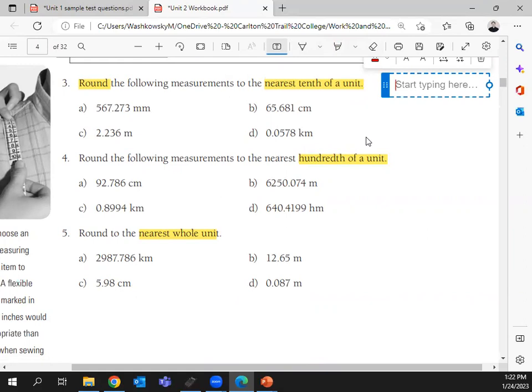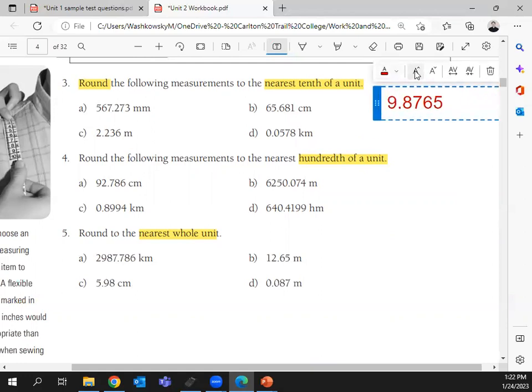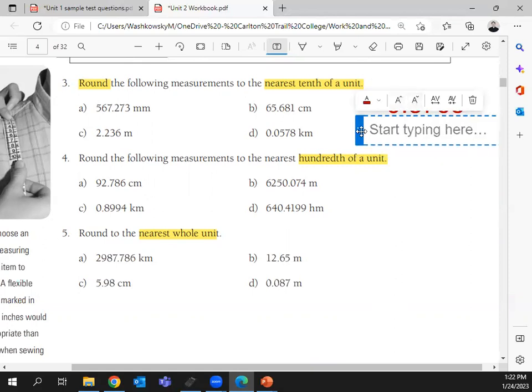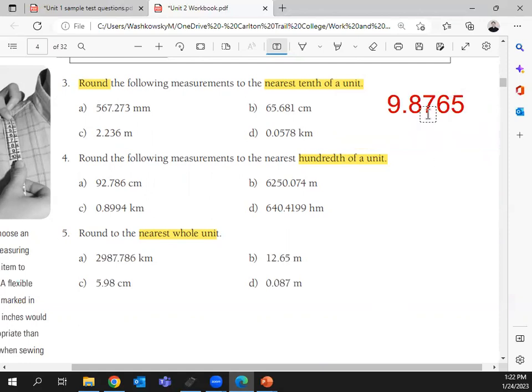I'm just going to use an example here. On the right side, I've written a number, 9.8765. That number doesn't mean anything. What I want to do is reference the numbers in it.